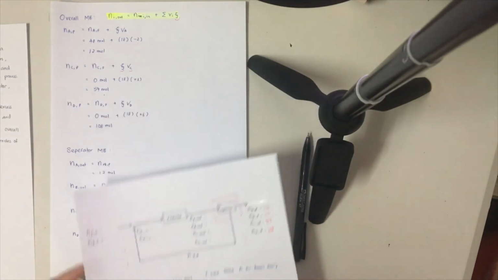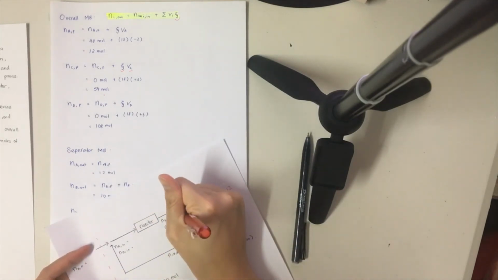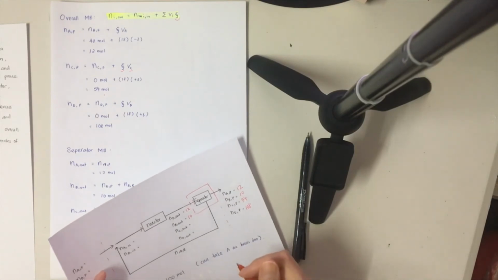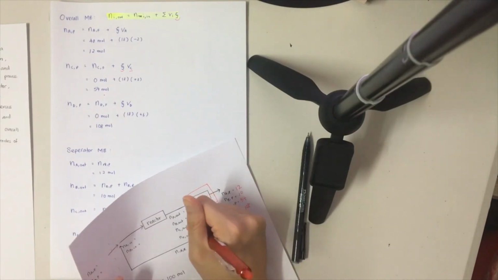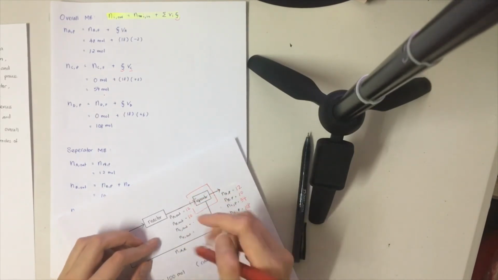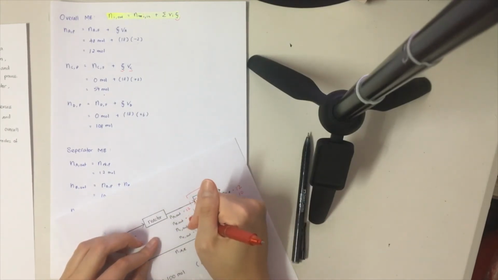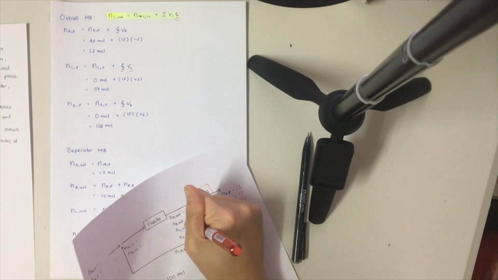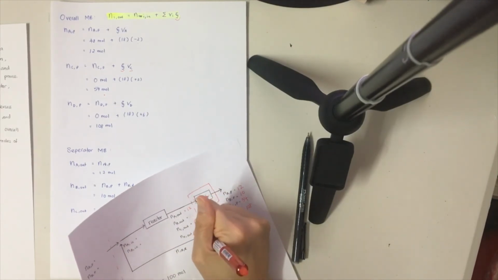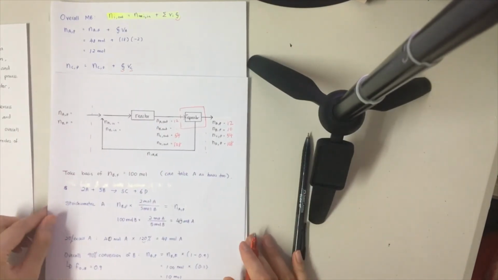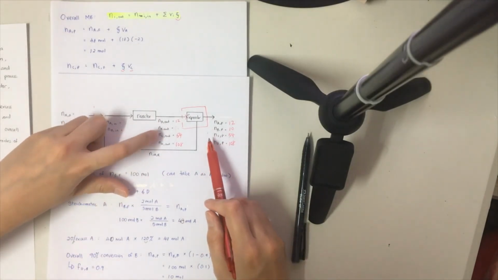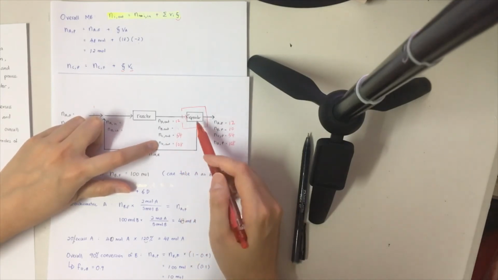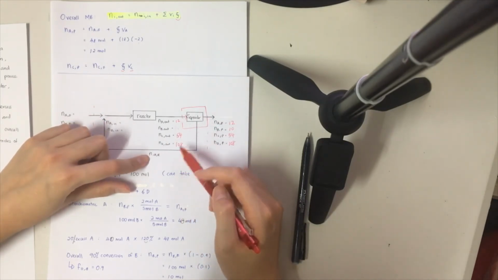Let's write the one that comes out down. 12. B out is 10. 54. No, this one isn't 10. This one we haven't finished calculating. So this one is 54. This one is 108. Okay, the amount of A and C and D is the same over here because the separator only separates B out.